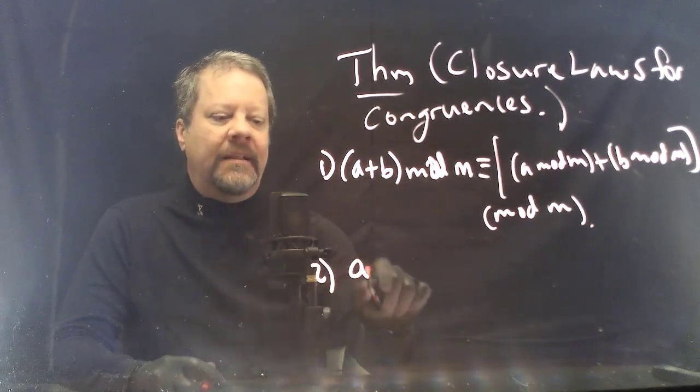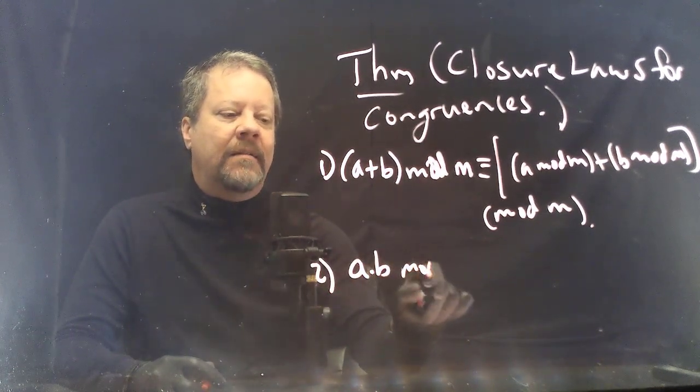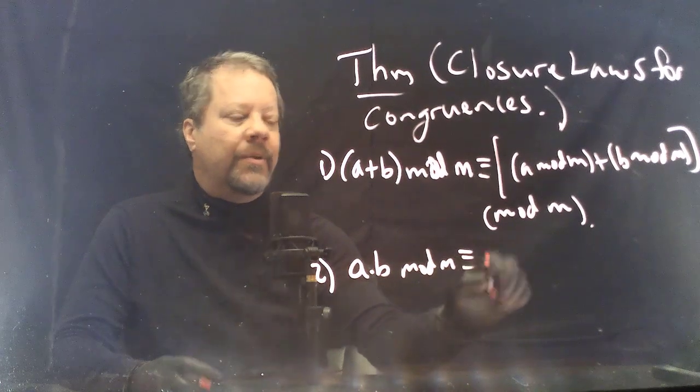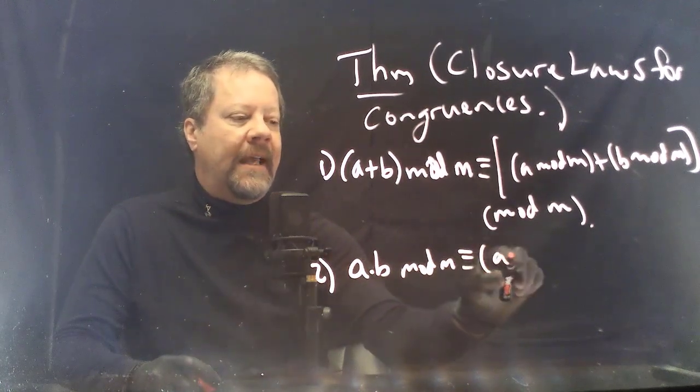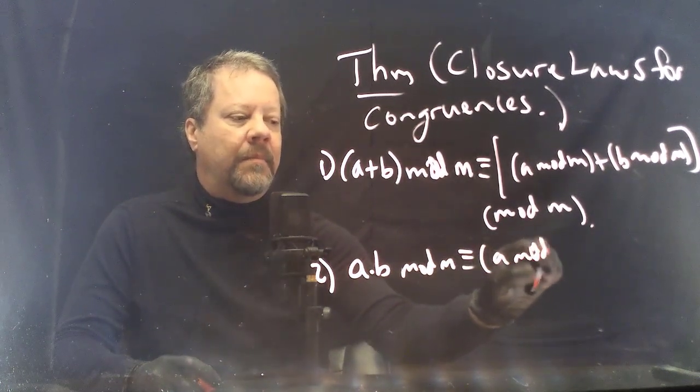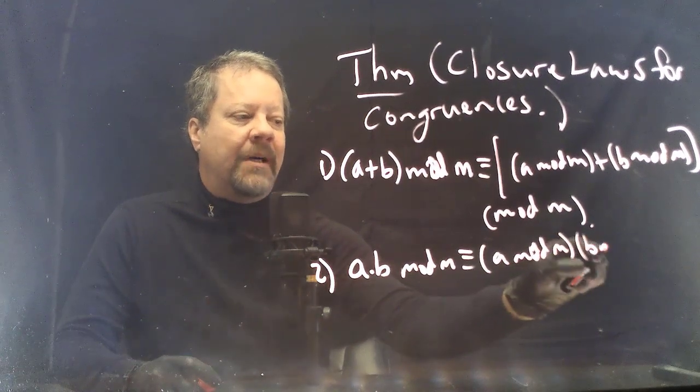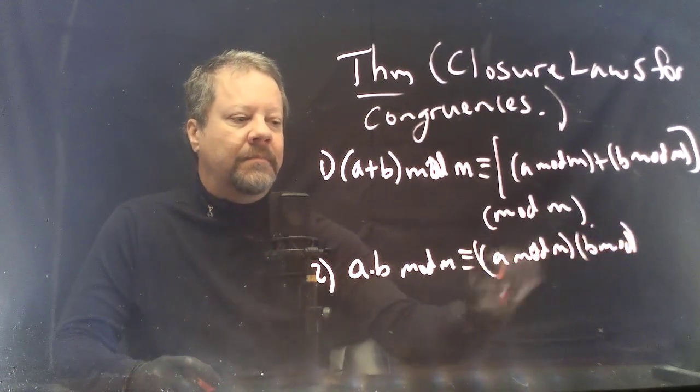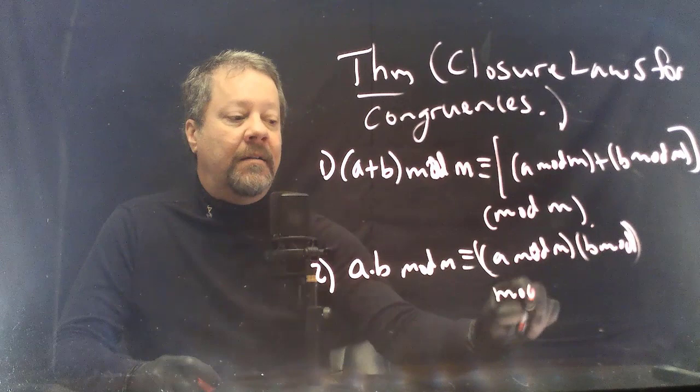Similarly, A times B mod M will be congruent to A mod M times B mod M, and then mod M.